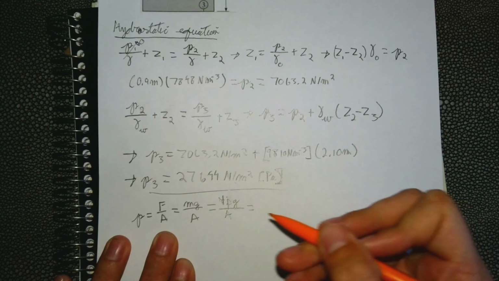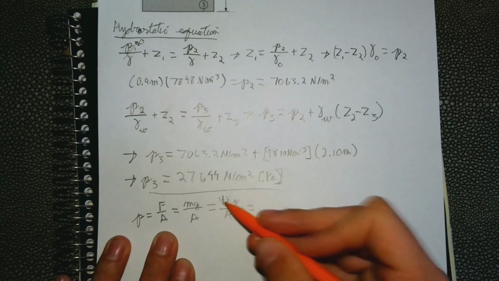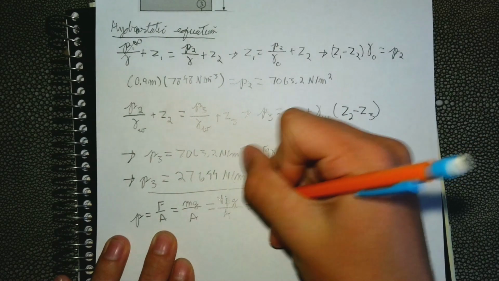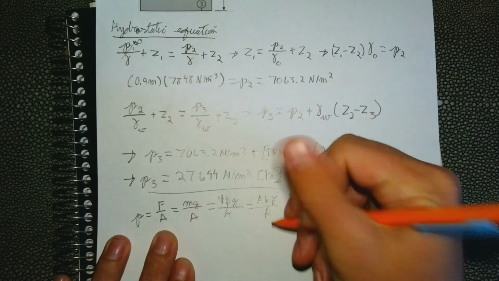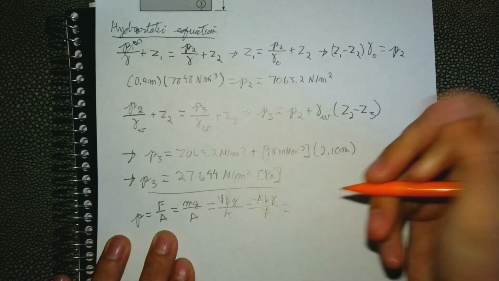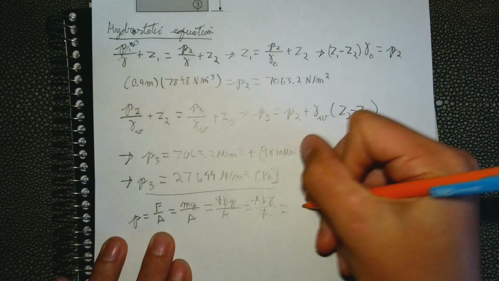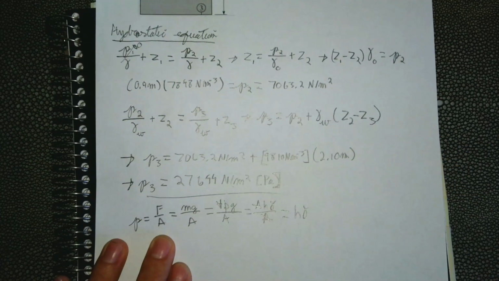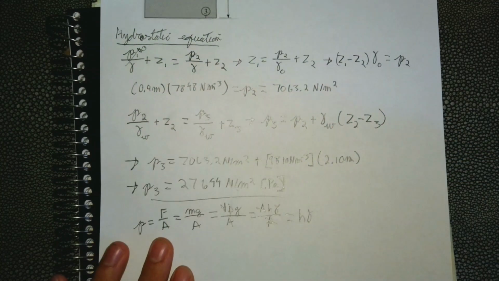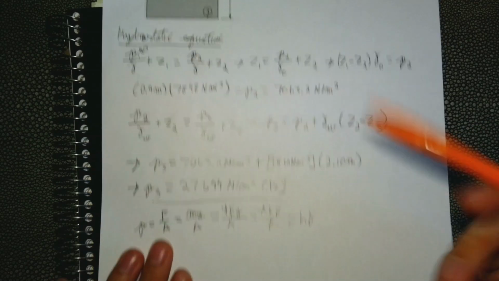And then we know that volume can be arranged to area times height. So area times height times specific weight, over area. Areas cancel out. You get, and I should have written a Z here, H is for height in this case. So then we get pressure is equal to height times specific weight when you're just dealing with the force of weight of the liquids just building up on top of each other.